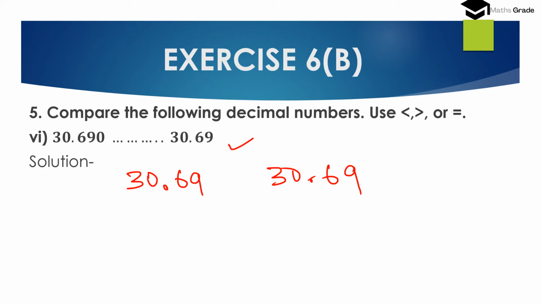In the thousandths place it is 0, and here there is no digit, so we place 0. Now both have equal digits, so 30.690 is equal to 30.69, and we place the equal symbol.